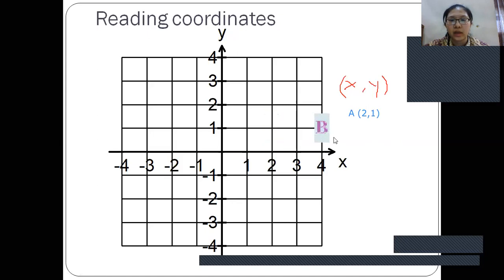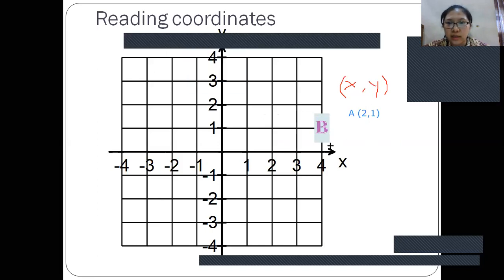Next, how about B? If I draw a line, you can see B is in this position.